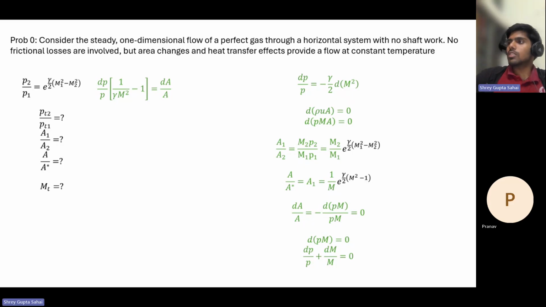Or should we use this condition? This is also there. Let's say I use this. Let's say I write A equals to A star divided by m to the power.